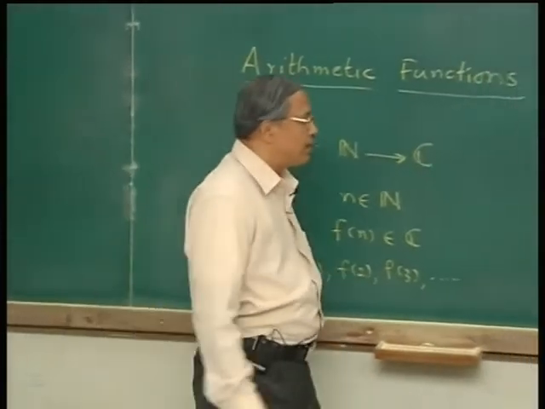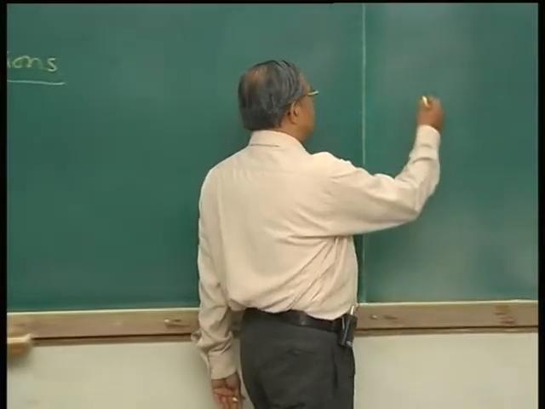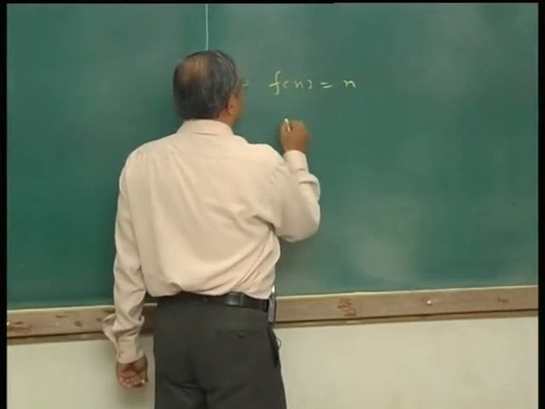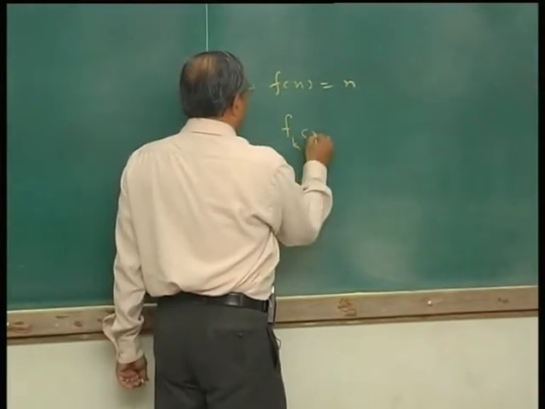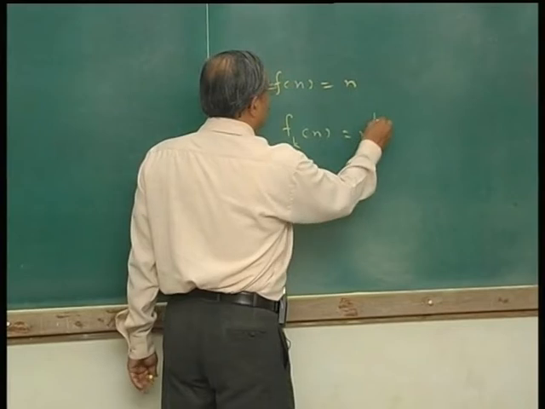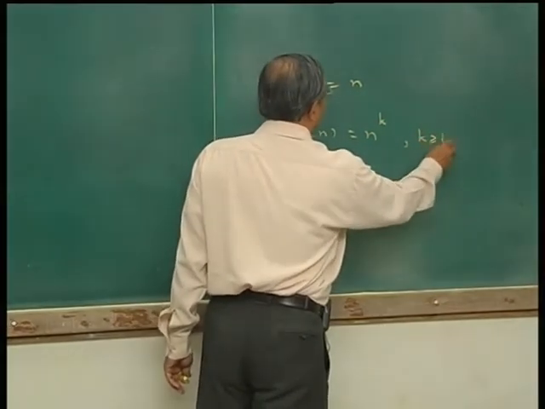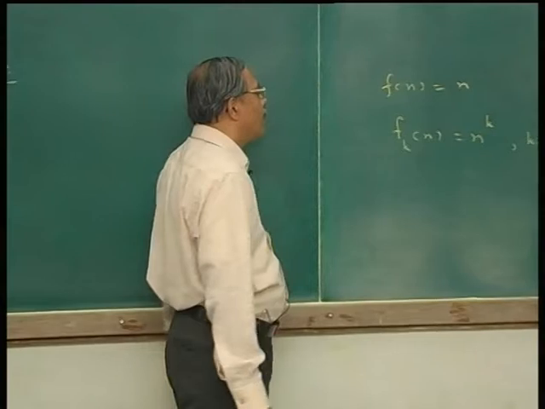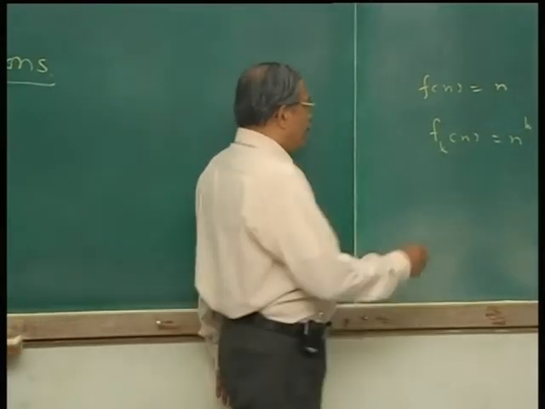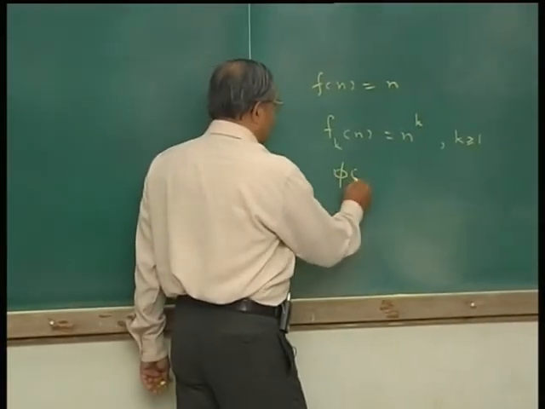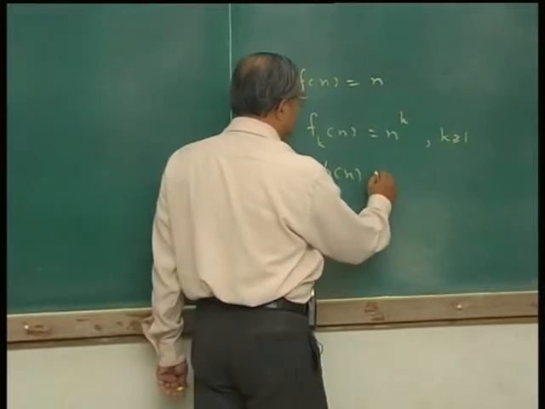We have a few examples of arithmetic functions like this: f(n) equal to n, or we can take f_k(n) equal to n raised to k for a fixed k bigger or equal to 1. We can take, let us say, phi of n, which is the Euler's function.